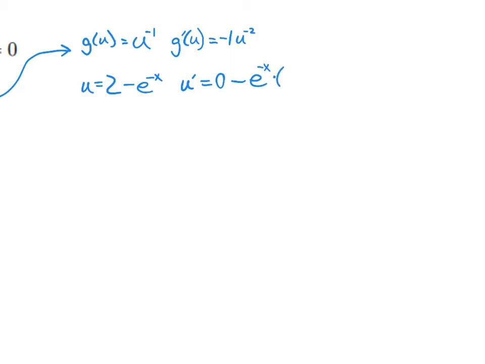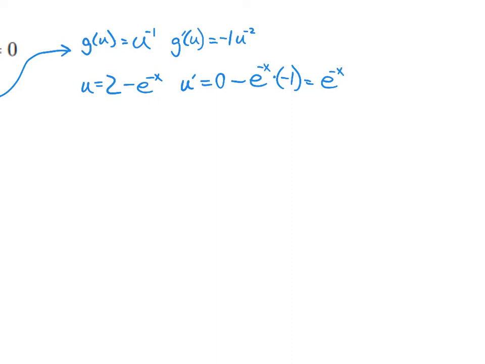Notice I'm doing the chain rule inside the chain rule. We can have more than one link in the chain. So this would simplify to make u prime a positive e to the negative x.